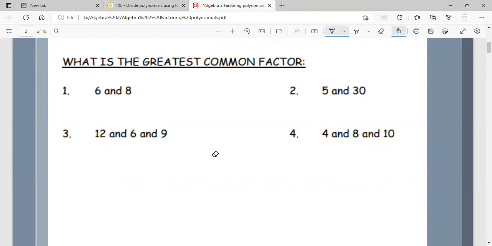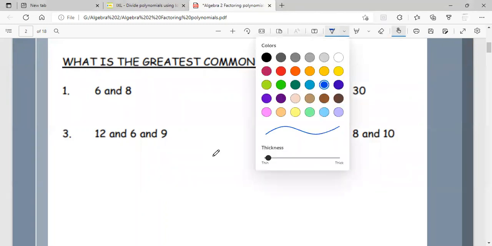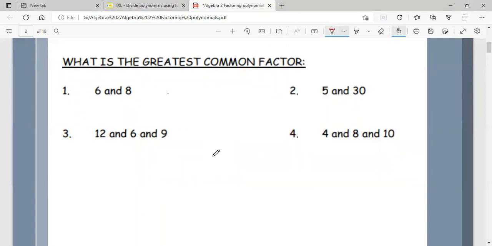Guys, let's talk about the greatest common factor. We should know what greatest common factor is, meaning the largest factor that two numbers have. For example, let's do the first one right quick: 6 and 8. 6 and 8 have the greatest common factor of 2 because 2 times 3 gives you 6 and 2 times 4 gives you 8.